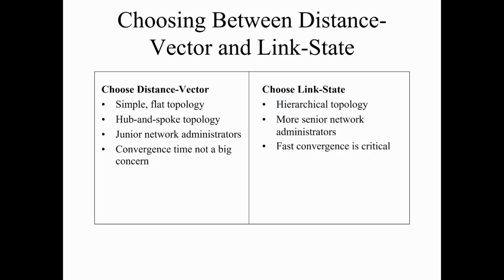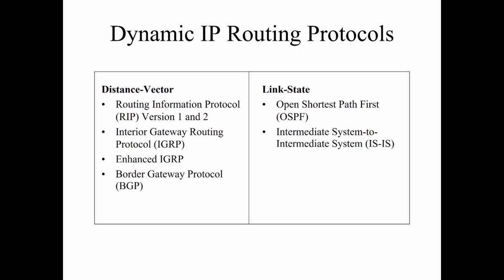Both have their places. What you normally want to do is look at the characteristics of the metrics being used in your network and choose the appropriate routing protocol based off the metric that fits your network. Dynamic IP routing protocols, distance vector, things are going to be like RIP or EIGRP or maybe even BGP.